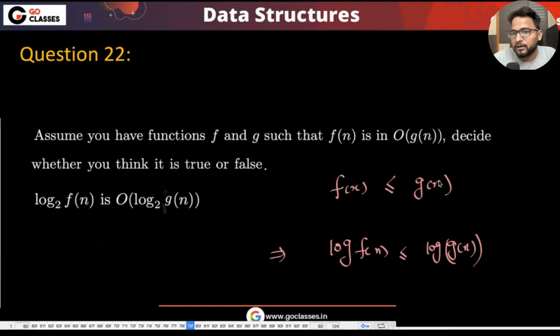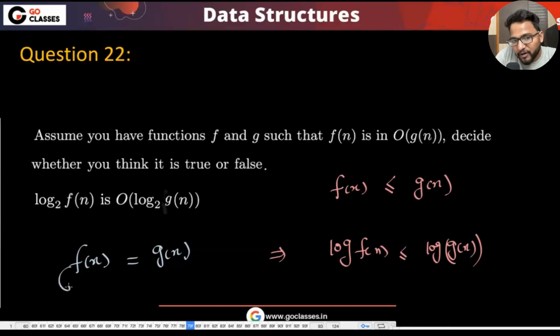But if it is equal, then after log, it cannot be lesser. Yes, asymptotically, it cannot be lesser. Because log is an increasing function, right? And constant won't matter here.